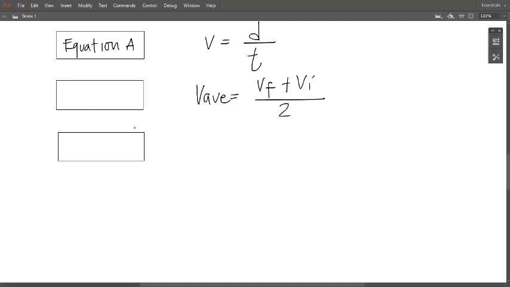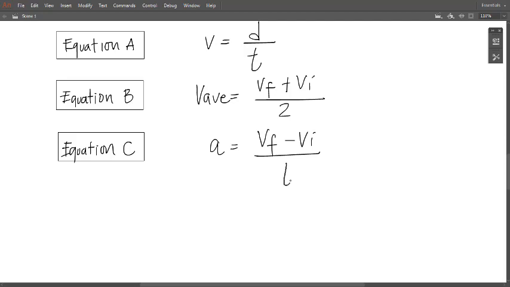And for acceleration, for that, let us have first equation B. And for the last equation, which is for acceleration, let's have a is equals to Vf minus Vi over t.